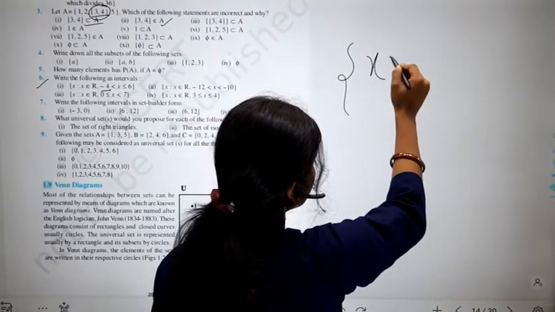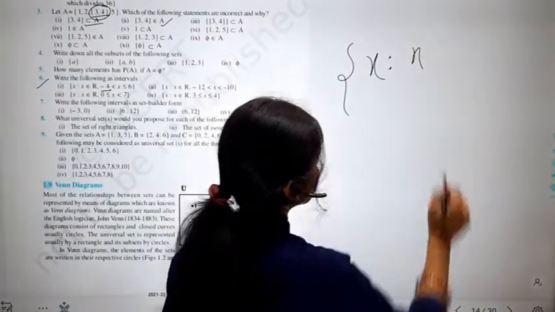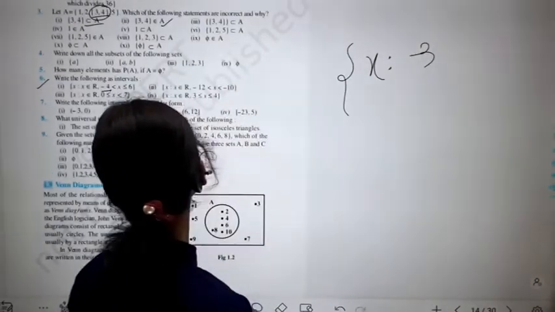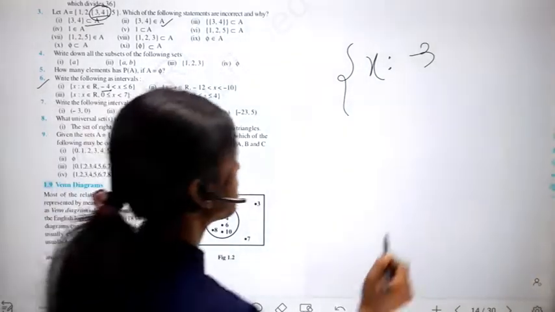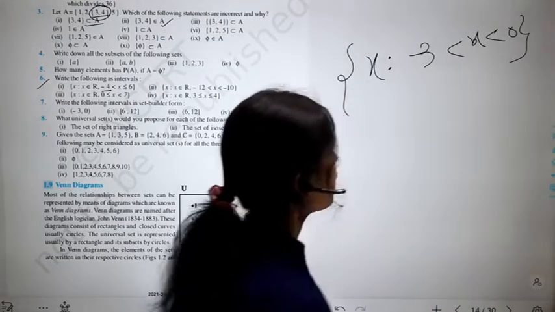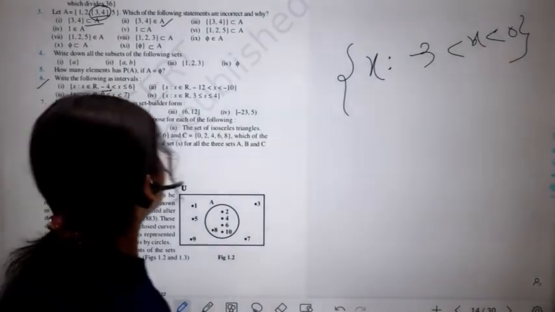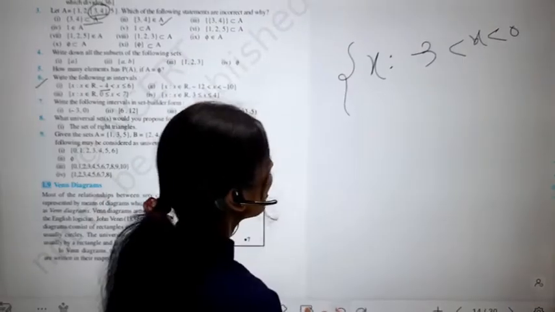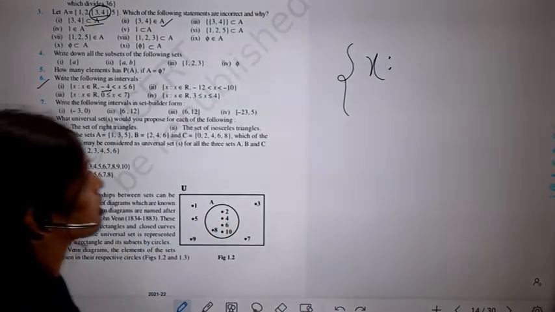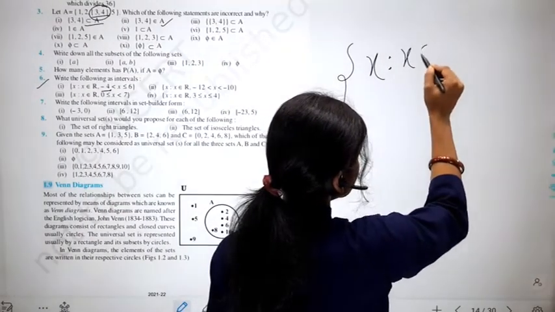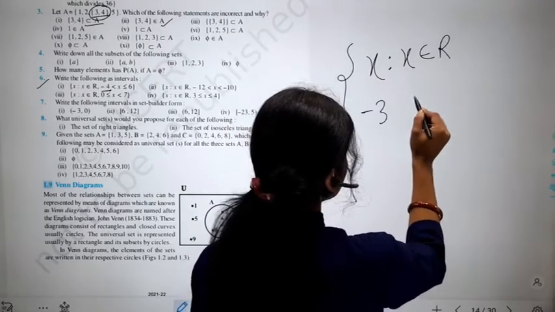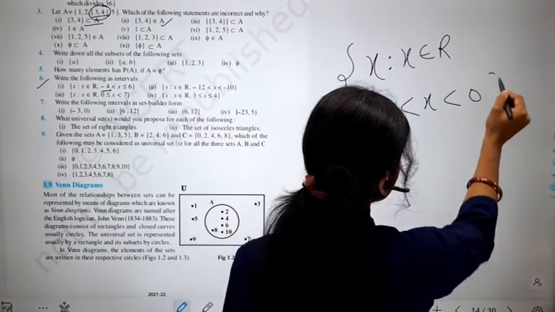This is a reals. That's why collection of all those x belongs to reals and -3 is less than x and x is less than.